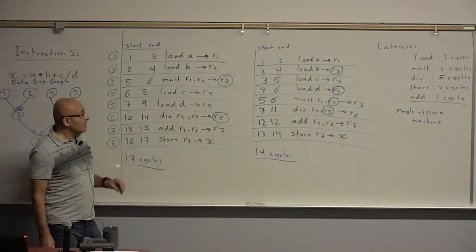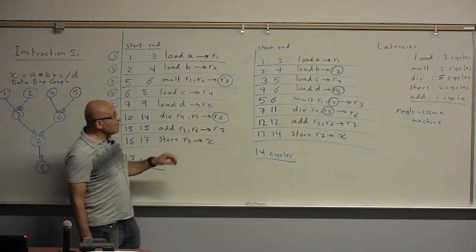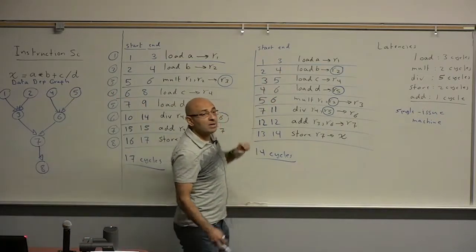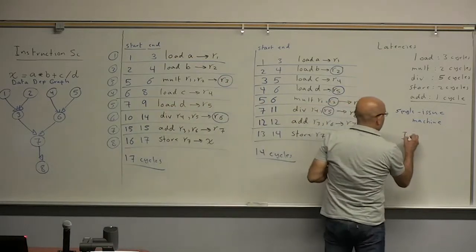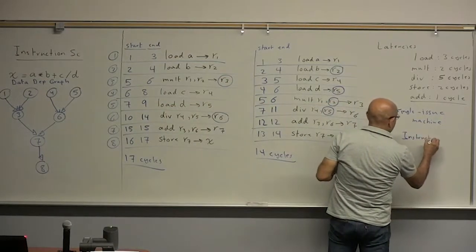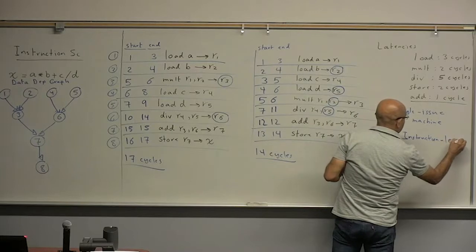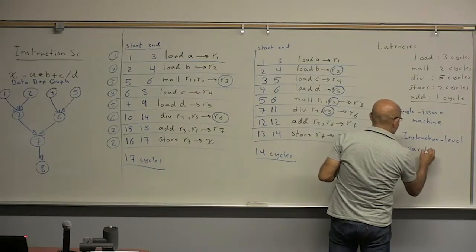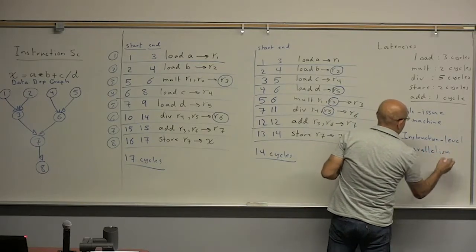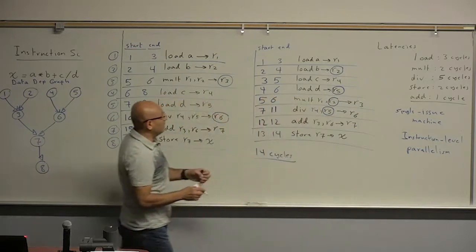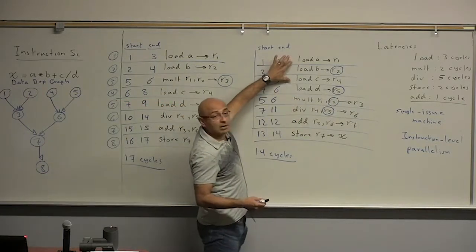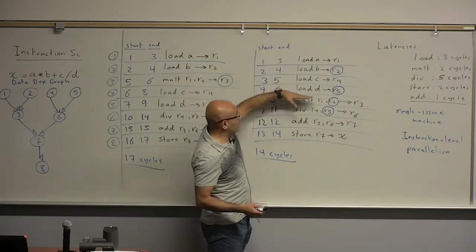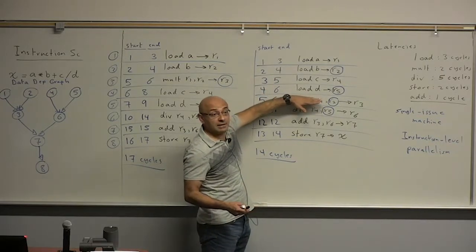This is the point. By doing this, we are doing more instruction level parallelism. We are doing more instructions in parallel. Why? Because here, we are doing all of these 4 loads, they're executing in parallel.